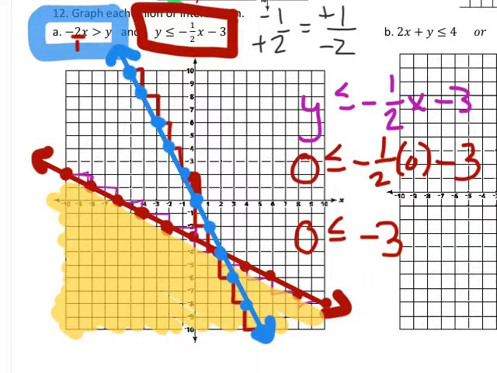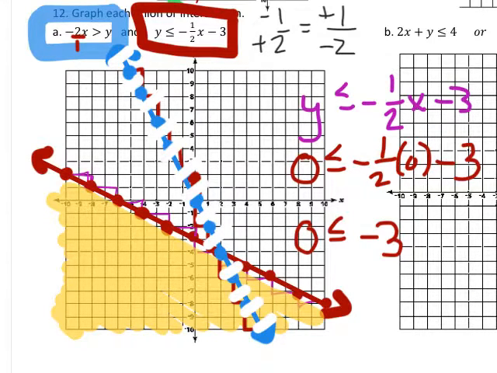Now what this means is that we need to come back here and we just need to make this blue line dotted or dashed, whichever one you prefer. And now what I can do is go ahead and figure out which side of the line to graph on.